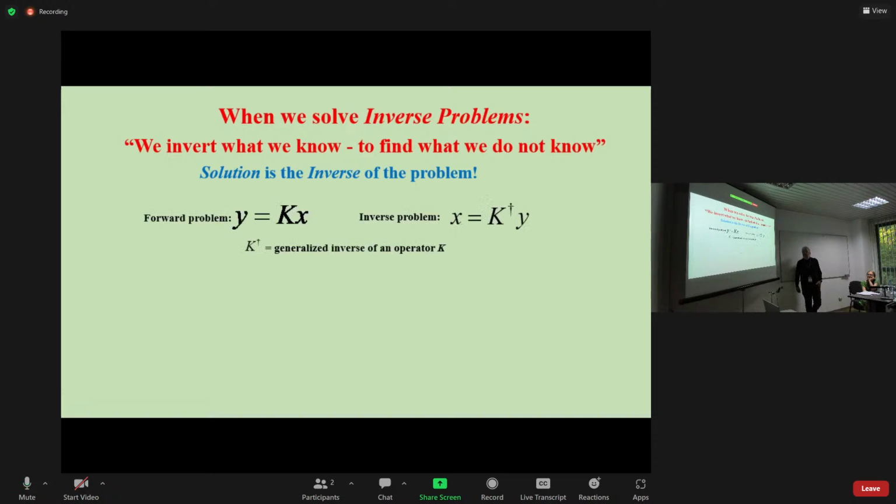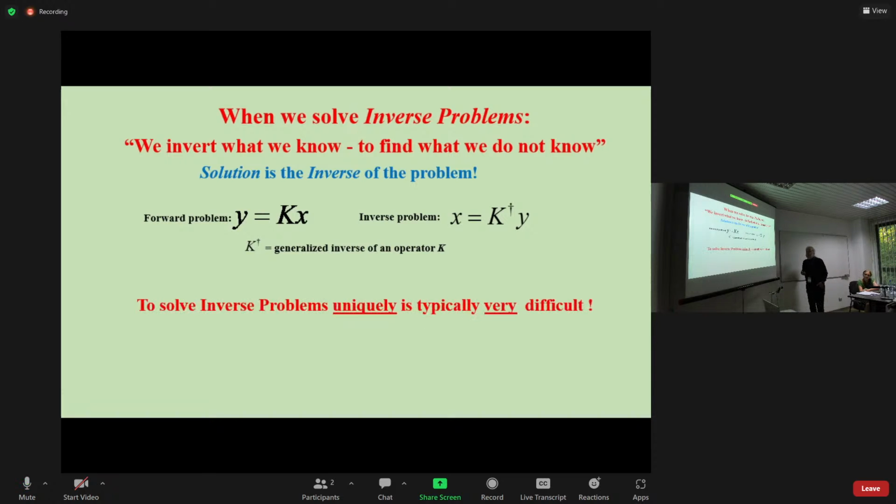So normally we solve forward problems, so here is a very simple equation. Actually it doesn't need to be the linear line crossing the origin. X can be some very multifunctional equation of the data structure, and K is an operator. So solving the inverse problem, we have to find some kind of inverse of this operator.